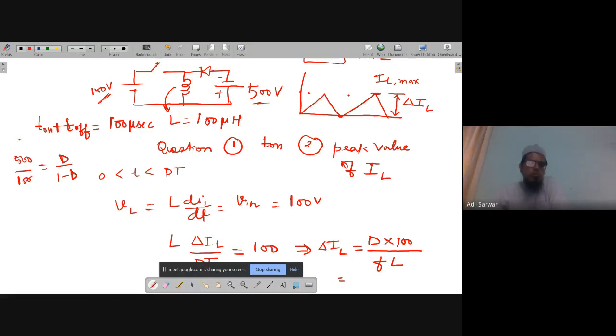So these two zeros get cancelled, 5 minus 5D will be equal to D, 6D will be equal to 5, and D will finally be equal to 5 upon 6.